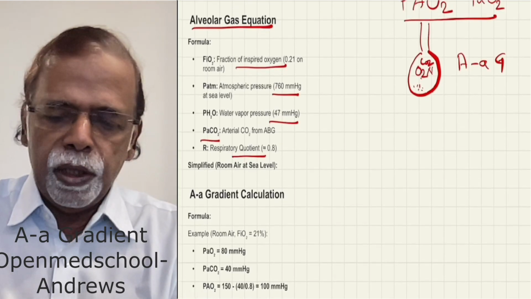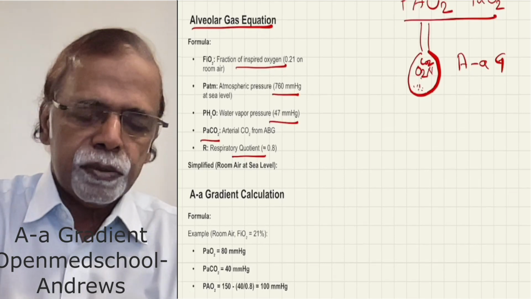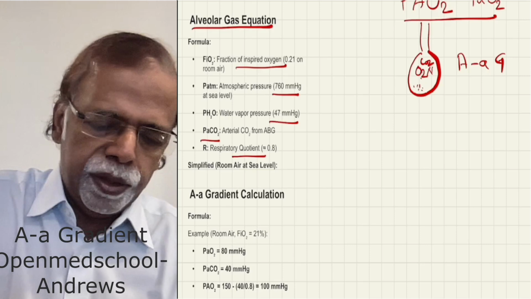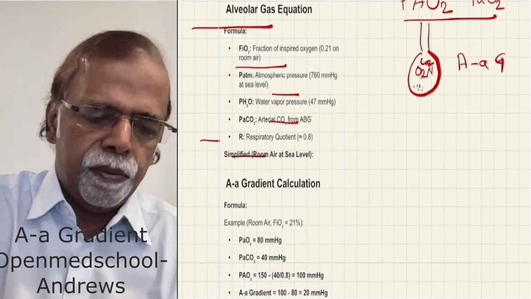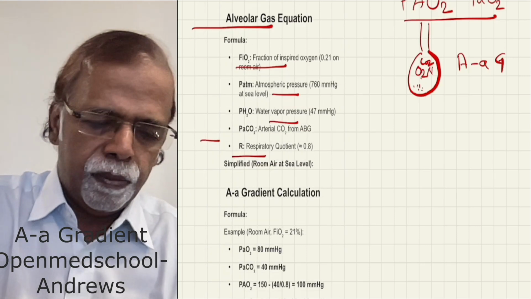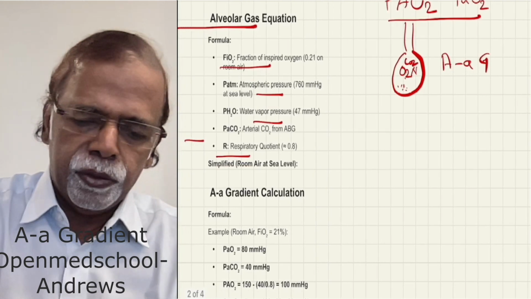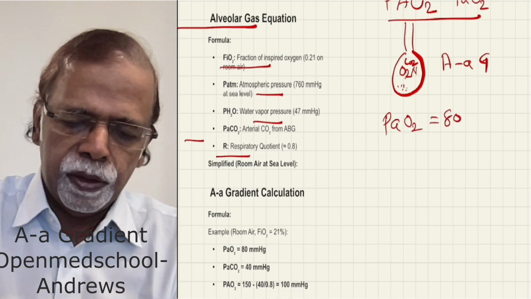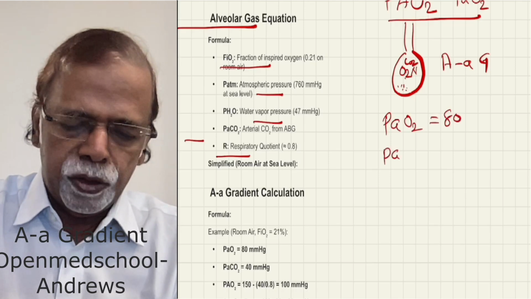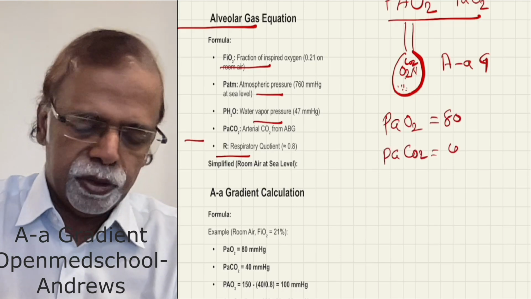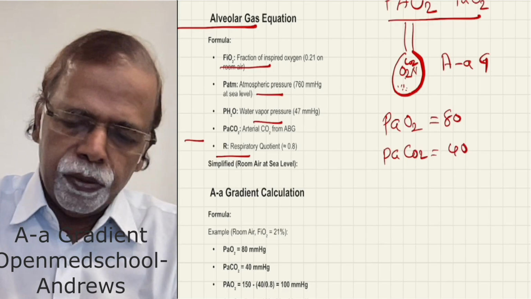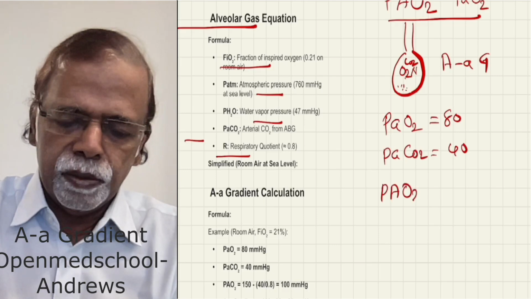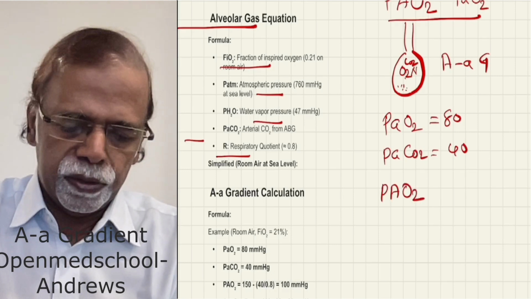So we will see an example. Let the PaO₂ be 80 millimeters of mercury, and PaCO₂ 40 millimeters of mercury. What will be the PAO₂, that is the partial pressure of alveolar oxygen?